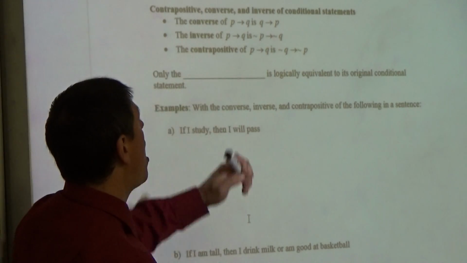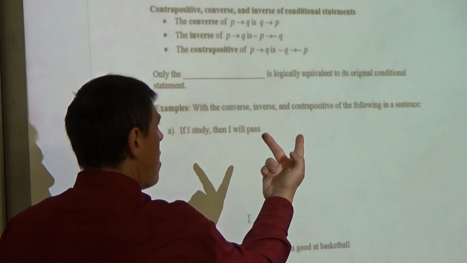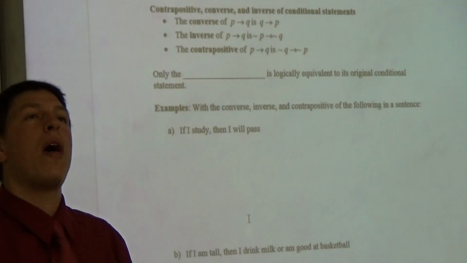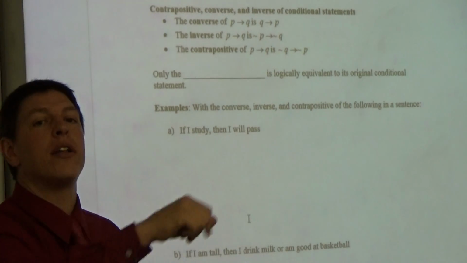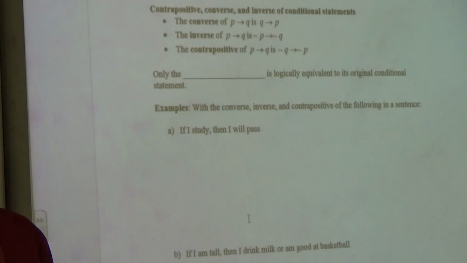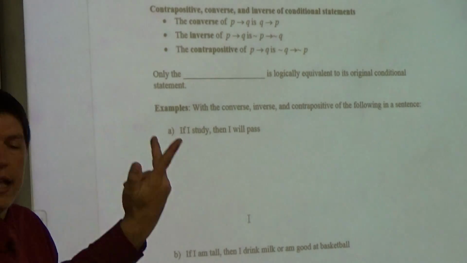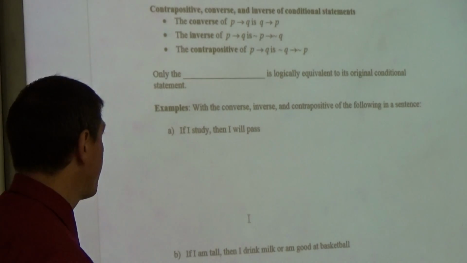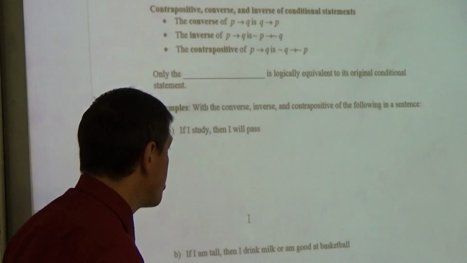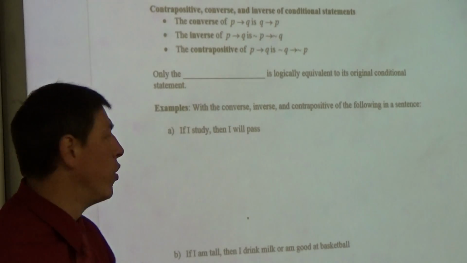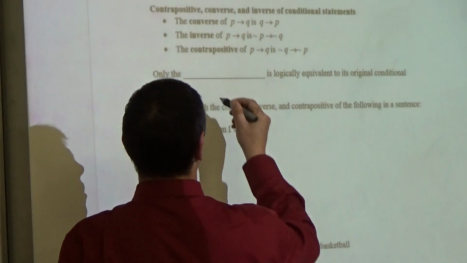The contrapositive both flips the statements and negates them. So if I study, then I pass; if I don't pass, then I did not study. Oh, so the conclusion goes before. Correct, the conclusion and the antecedent are flipped. Of these three, the contrapositive is actually logically equivalent to the original conditional.